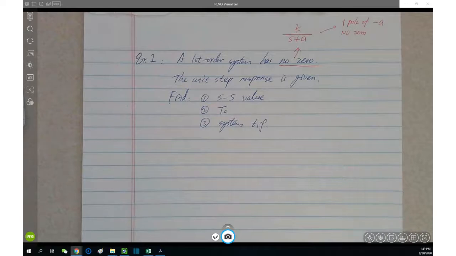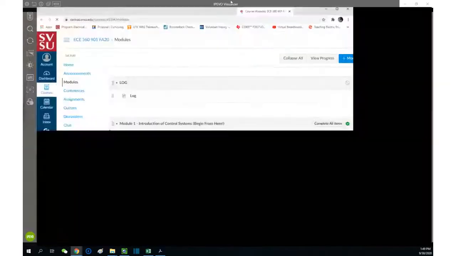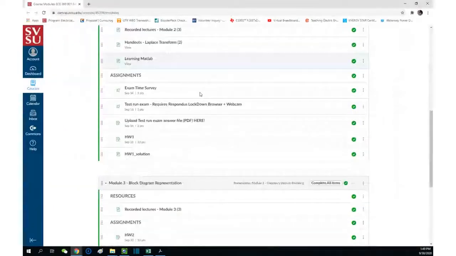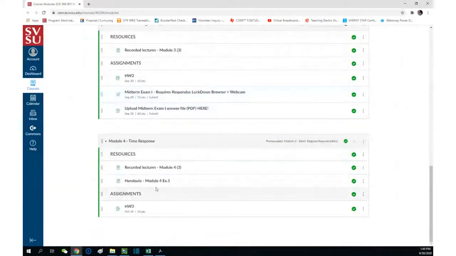And I have posted the unit step response in the Canvas. Let me show you. If convenient, you can just go there to download it. Okay, it's Module 4 and Handouts. Can you see this guy here?